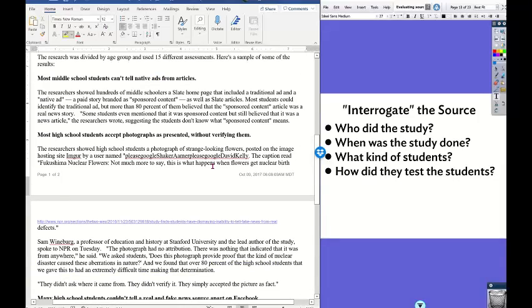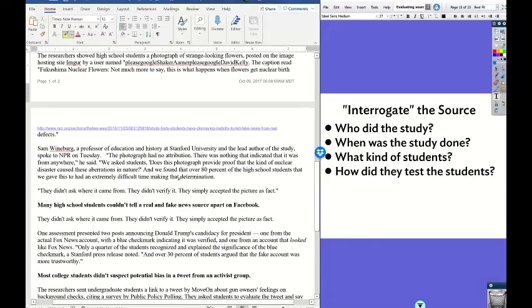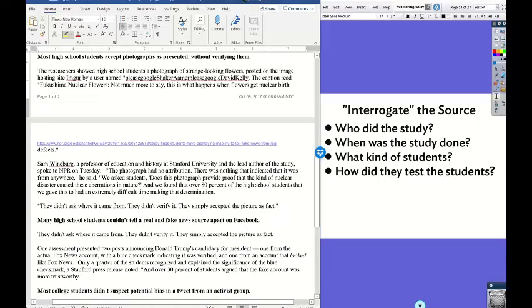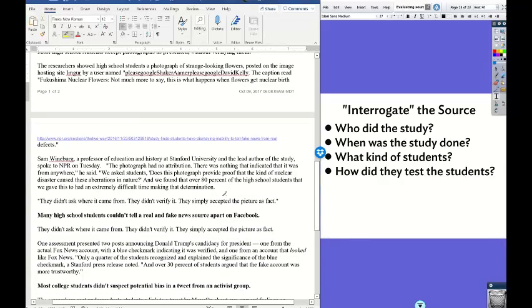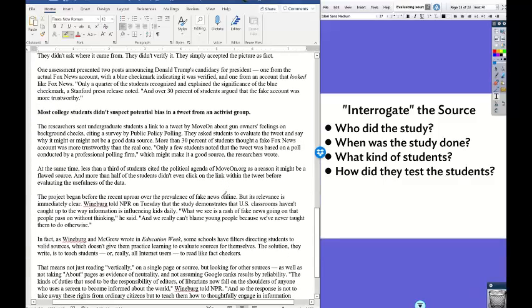As we continue, there are a few more mentions of analyzing the credibility, whether the source was believable for a photograph, and something else having to do with tweets.